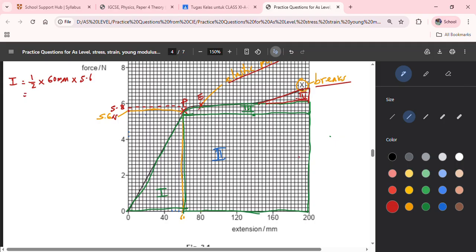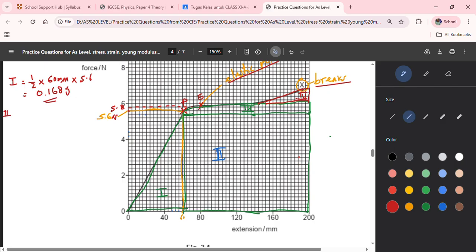So from the calculator, 60 times 10 to the power minus 3 times 5.6 divided by 2 is 0.168 joules, because it is energy.